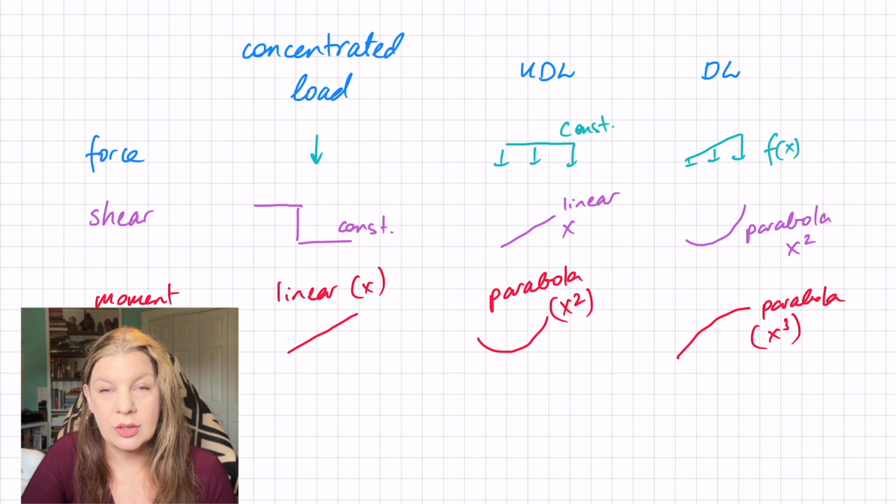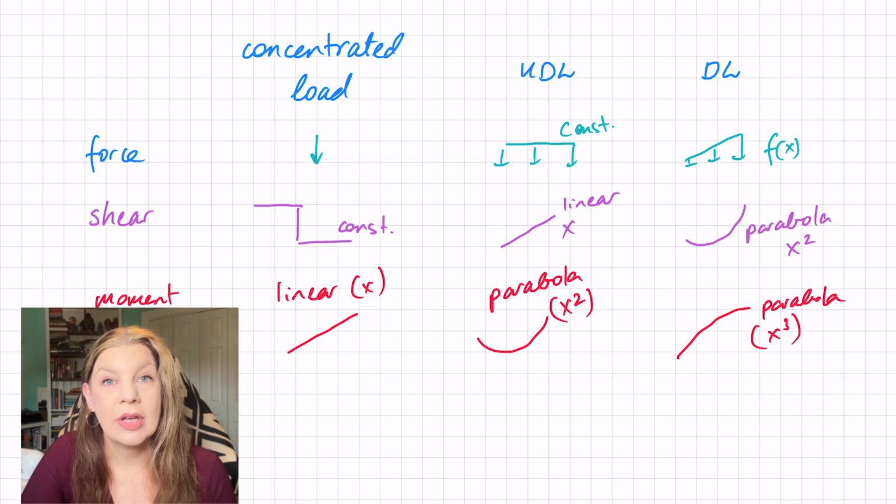If, on the other hand, we have a UDL, so uniformly distributed load, we've already discussed that the shear is going to be 1 rank above, so the shear is going to be linear, and the moment is going to be 1 rank above that. So imagine integrating that shear. If you integrate a linear load, a function of x, then you get a function that is x squared, parabolic.